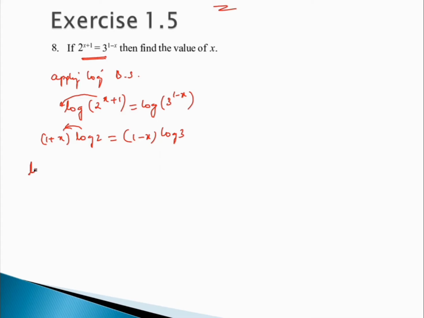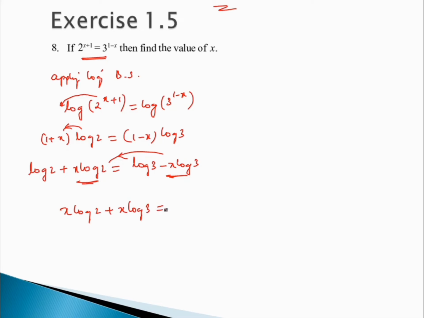So I'm left with log 2 plus x times log 2 equal to log 3 minus x times log 3. x times log 2 plus x times log 3 is equal to log 3, and even this number is shifted to the RHS, so log 2.